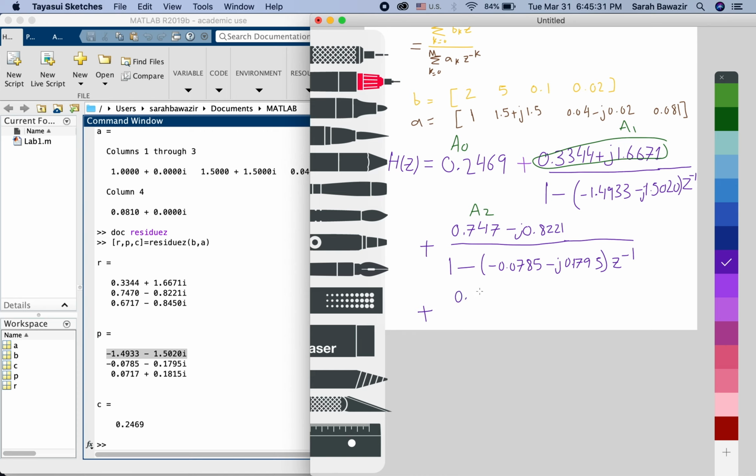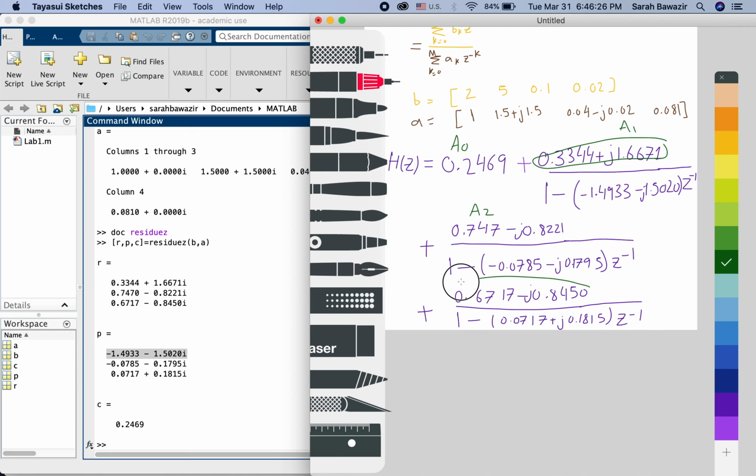Here it's 0.6717 minus 0.8450, and this is j, don't forget, over 1 minus the pole, which is 0.0717 plus j0.1815, and don't forget z to the power minus 1, and this is A3. Okay.